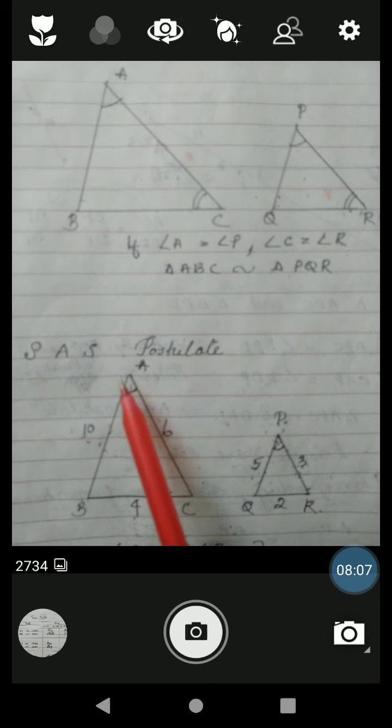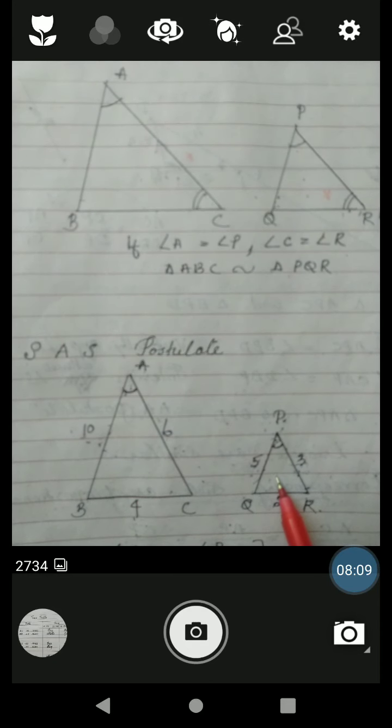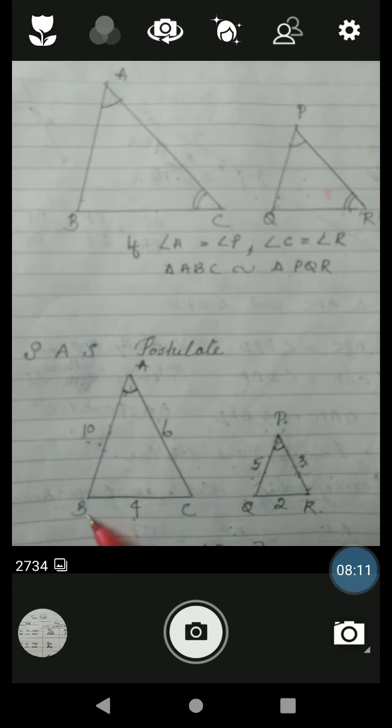Here you can see in this figure, AB by PQ is equal to 10 by 5, 2, and AC by PR is 6 by 3, that is also 2. That is, corresponding sides are proportional. And this angle mentioned is the included angle.